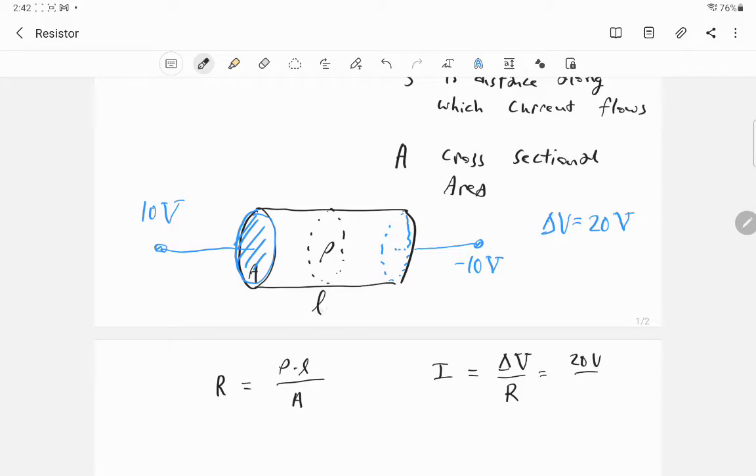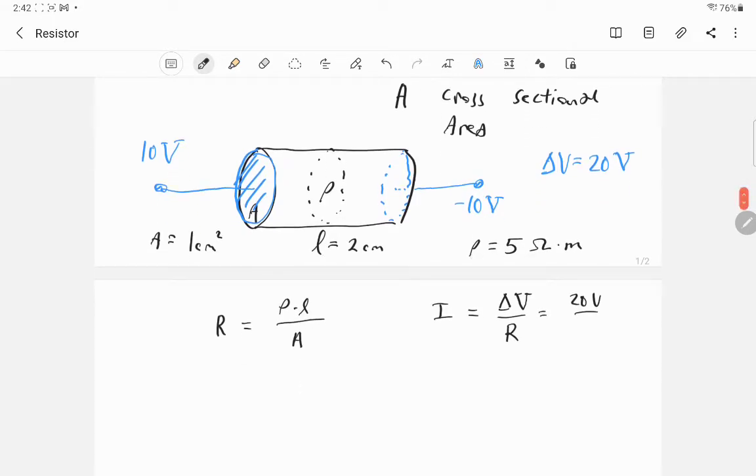And if I knew, say, the length was 2 centimeters and the area was 1 centimeter squared, for example, so this looks like some radius such that pi r squared is 1 centimeter squared. And the resistivity, remember, is in ohm meters. Let's just make up something. How about 5 ohm meters, right? So that's the resistivity.